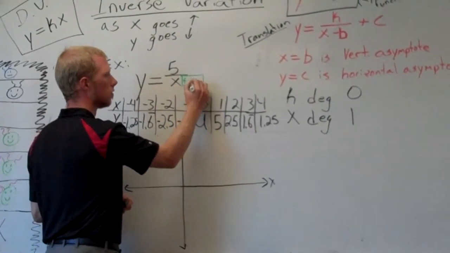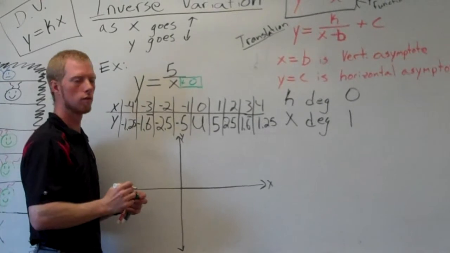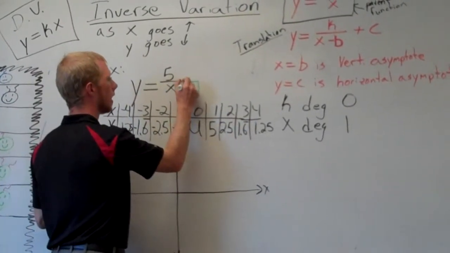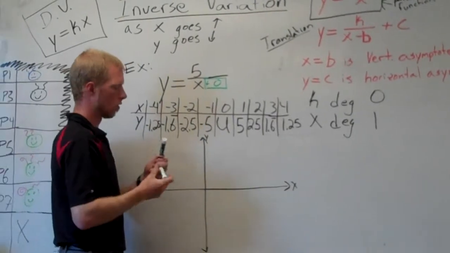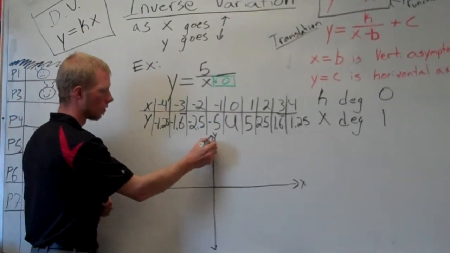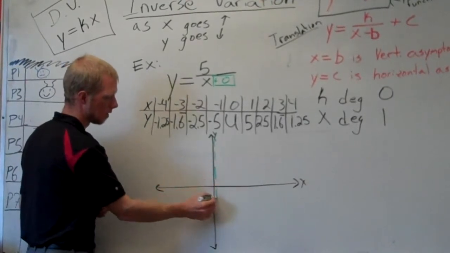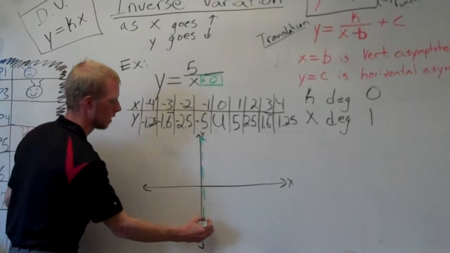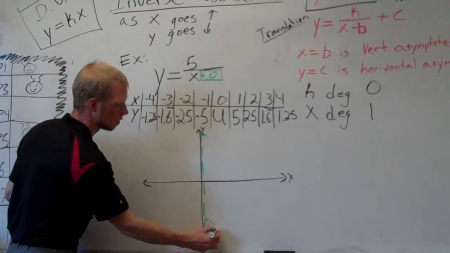And it is 0. And so what I know is that my vertical asymptote is right at 0. So I use a dashed line right next to the axis so I can see it, and I label it as x equals 0.